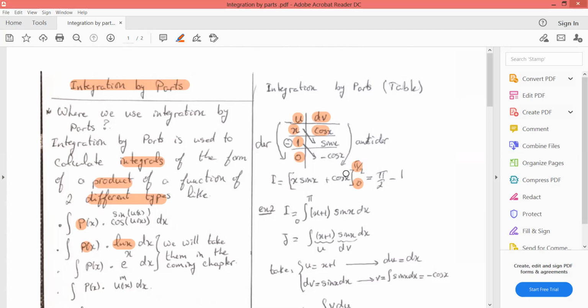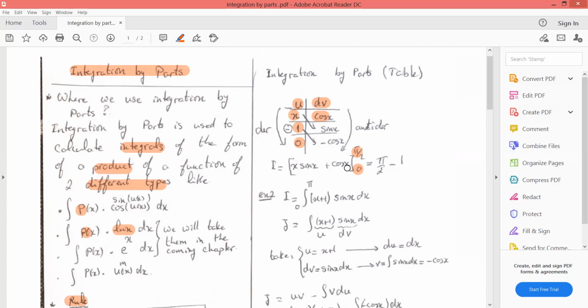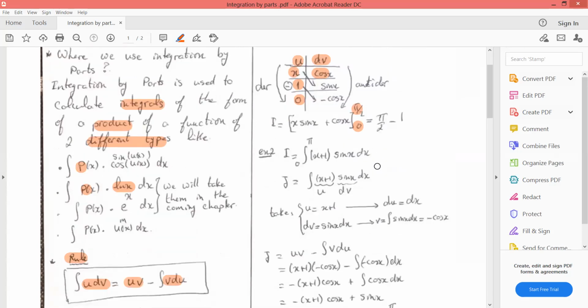First time we replace x by pi over 2, minus second time we replace x by 0. Another example: when we differentiate, cosine becomes minus sine, but when we integrate, sine becomes minus cosine. So it is reversed.